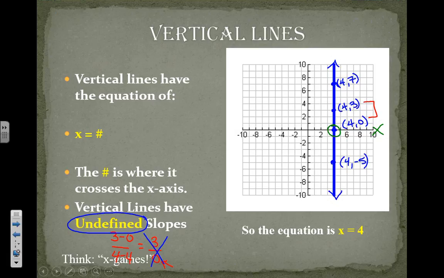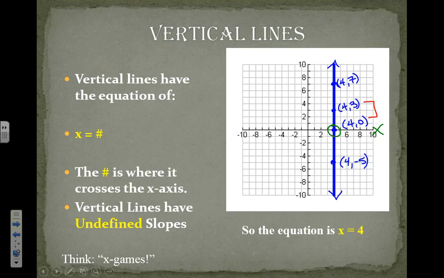One way that I'll also think about this is that often we confuse which one's the x equals and which one's the y equals. So one little trick that I use is I think about vertical lines like the X Games. If you think about those athletes that do these crazy flips in the air with their motorcycles or skateboards or whatever it might be, they're going up and down in the air.